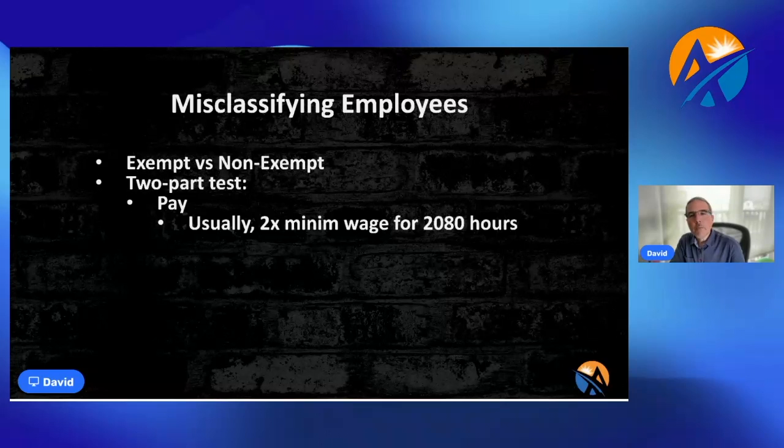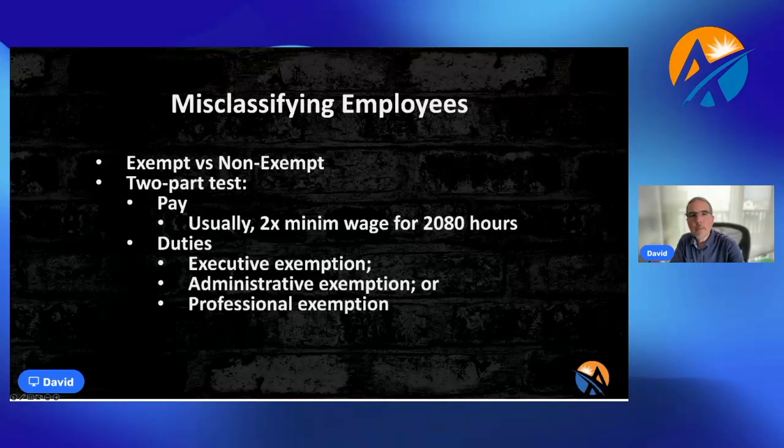So for example, if the minimum wage for your location is $14 an hour, then you would take $14 times 2, and then you would multiply this by 2,080 hours, which is the working hours in a year, which would get you $58,240 a minimum salary.